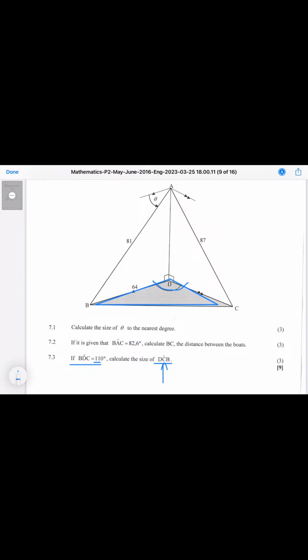So in this case, it's actually the angle that they want you to calculate. Let me add some additional information so that it's going to make sense. This is what we are given, that angle being 110 degrees. And remember guys, you just calculated the distance between the two poles. This is the distance between the two poles.